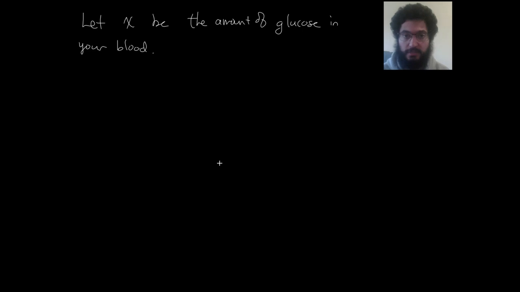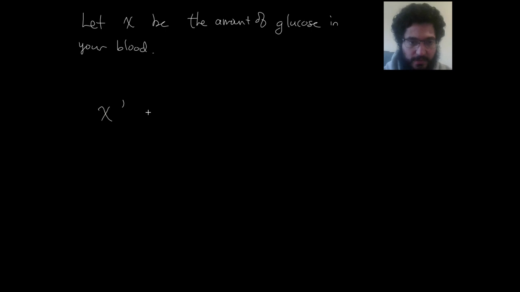And if there's a deficiency of glucose, then your body maybe will try to, well, I don't know what it'll do, but it'll do something so that you end up with your amount of glucose increasing towards what it needs to be.